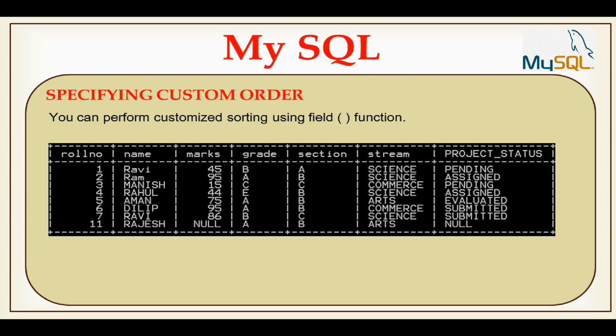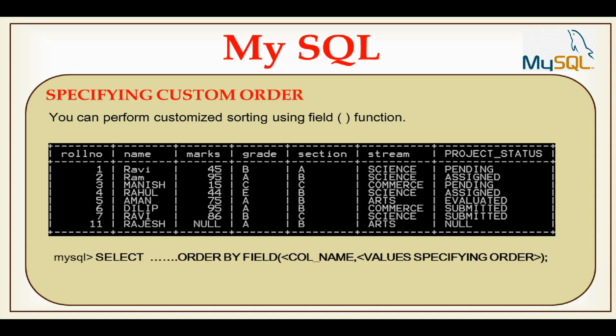Now if you want to arrange the result set on the basis of this project status column, and the order of sorting you want is that first evaluated comes, then pending, and then submitted, and then assigned, you can do this thing by using the field function.